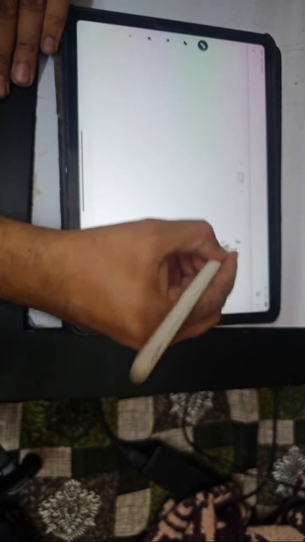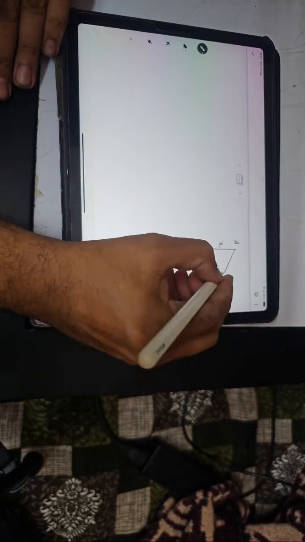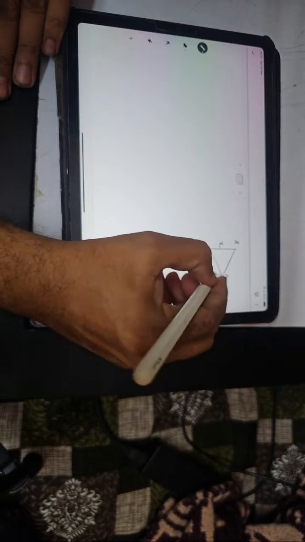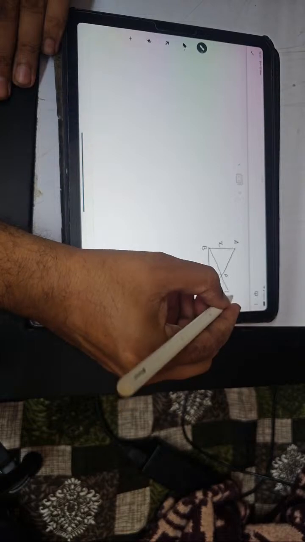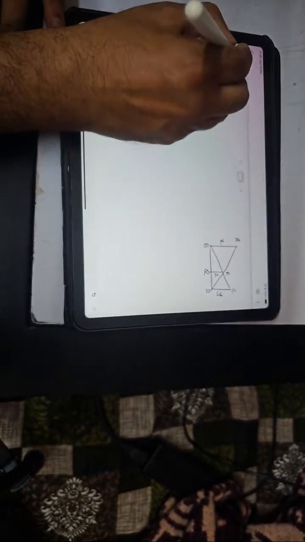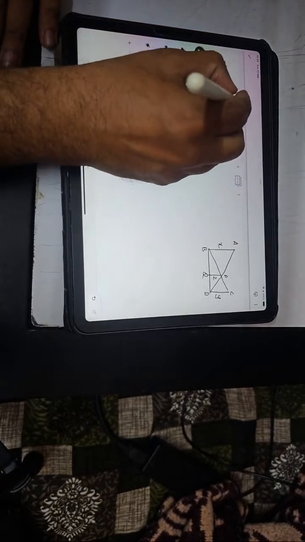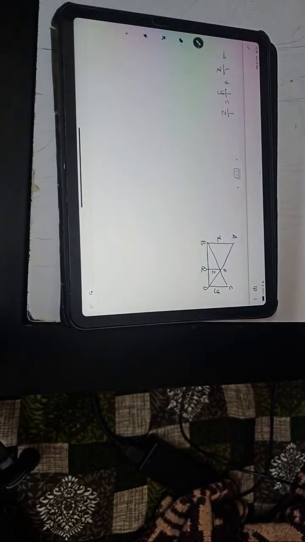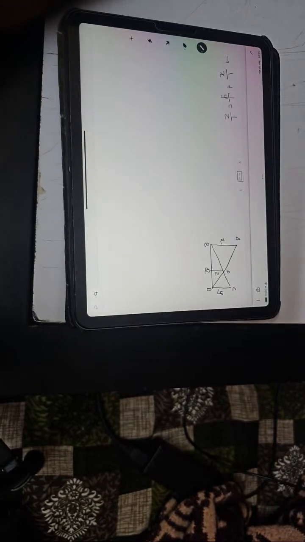This value is given x, this is y, and here it is PQ equal to z. So here he is asking us to prove 1 upon x plus 1 upon y equal to 1 upon z.